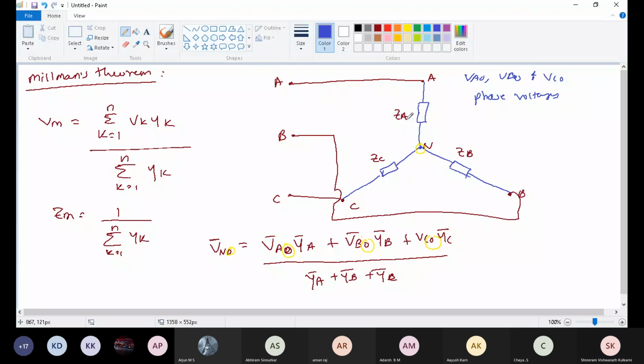Here YA, YB, YC are the admittances that we know. The reciprocal of admittance is impedance, given as 1 divided by Y for A, B, C.